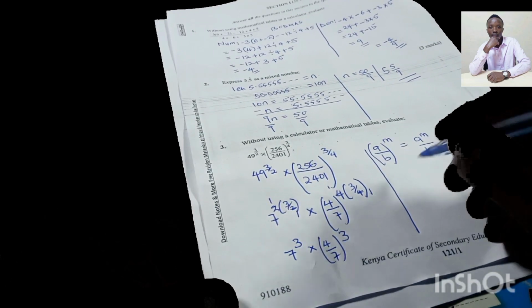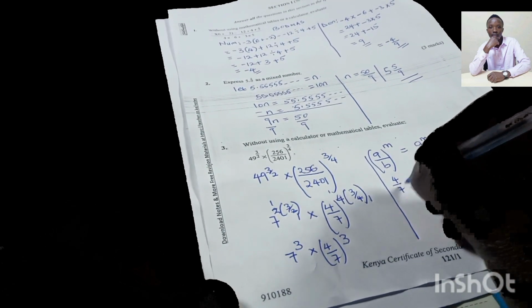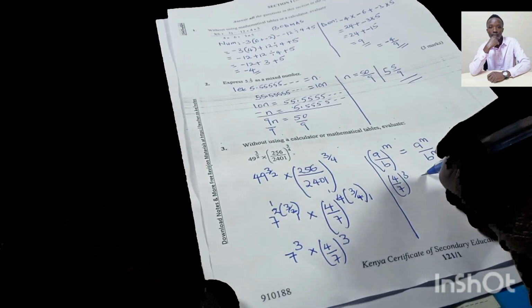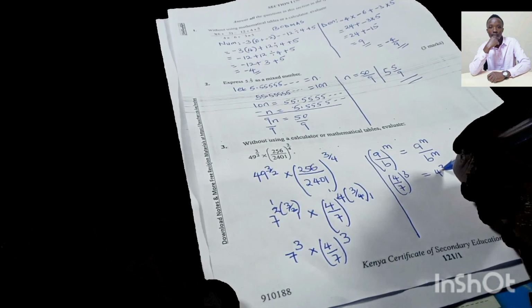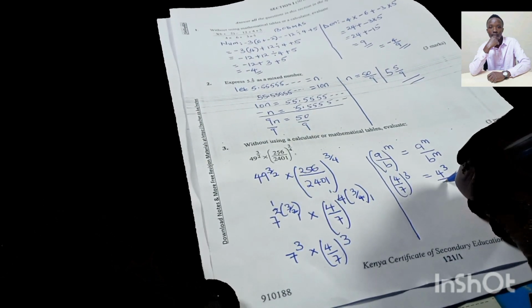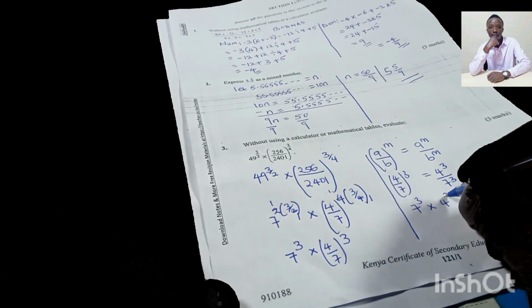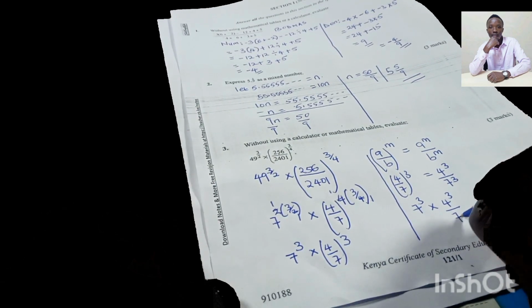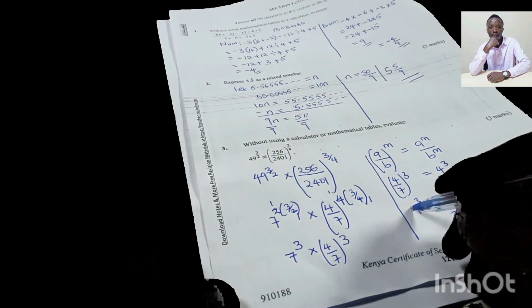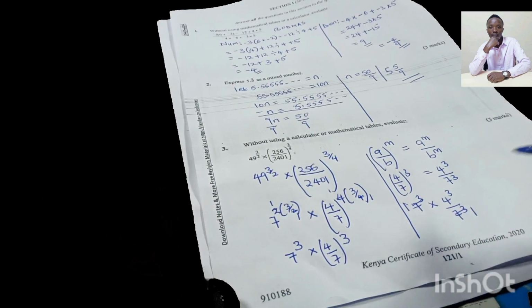So 4 over 7 cubed is the same as 4 to the power 3 over 7 to the power 3. That implies 7 to the power 3 multiplied by 4 to the power 3 over 7 to the power 3, so this one will simplify out.